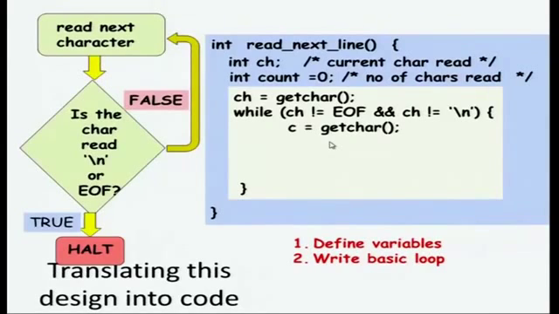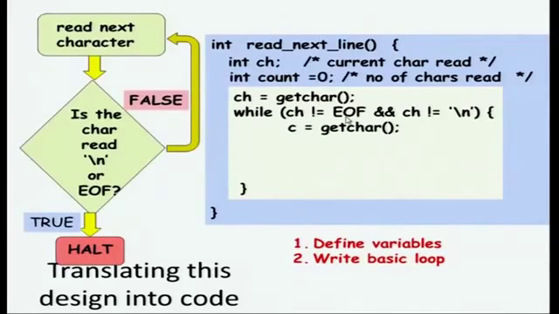A small point here, okay, is that getchar returns an integer. Okay. This is a technicality because end of file is -1. ASCII characters, if you remember, go from 0 until 127 or something like that, whereas end of file is defined to be -1.